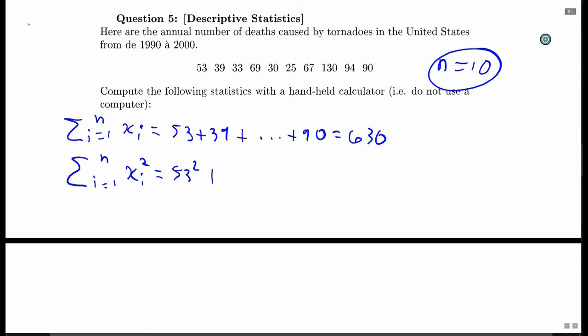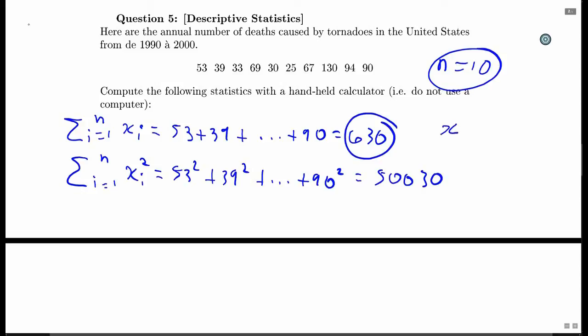And then I do the same with the squares: 53 squared, 39 squared, and so on, right up to 90 squared. And I end up with a sum of the squares of 50,030.